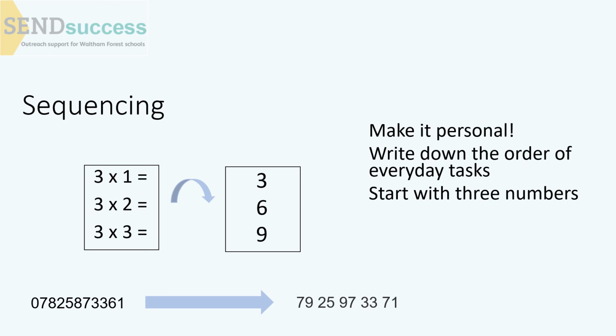When memorising a phone number, like here on the left, what number appears most? The answer here is 7. So start with that. What age were you last year? The answer might be 9. So now we have 7 and 9. And how old is your baby sister?